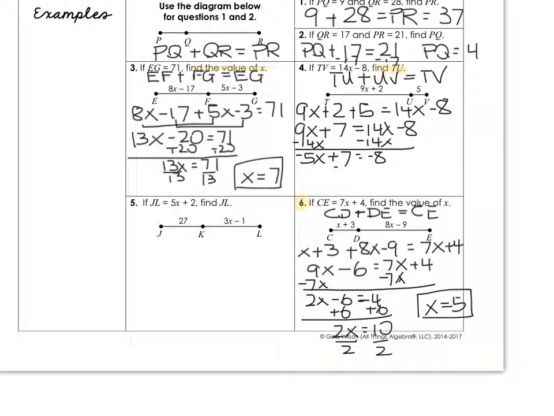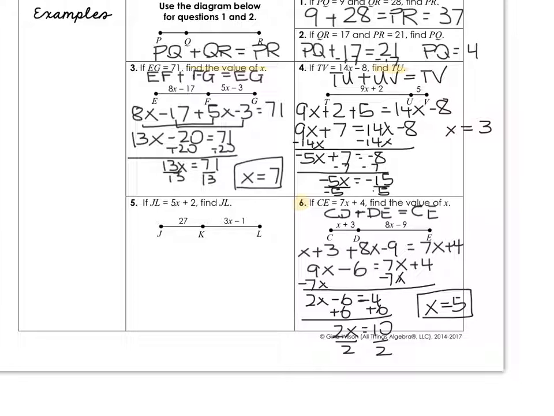Subtract 7 from both sides. Negative 8 minus 7 is negative 15. Divide by negative 5. So I get x equals 3.